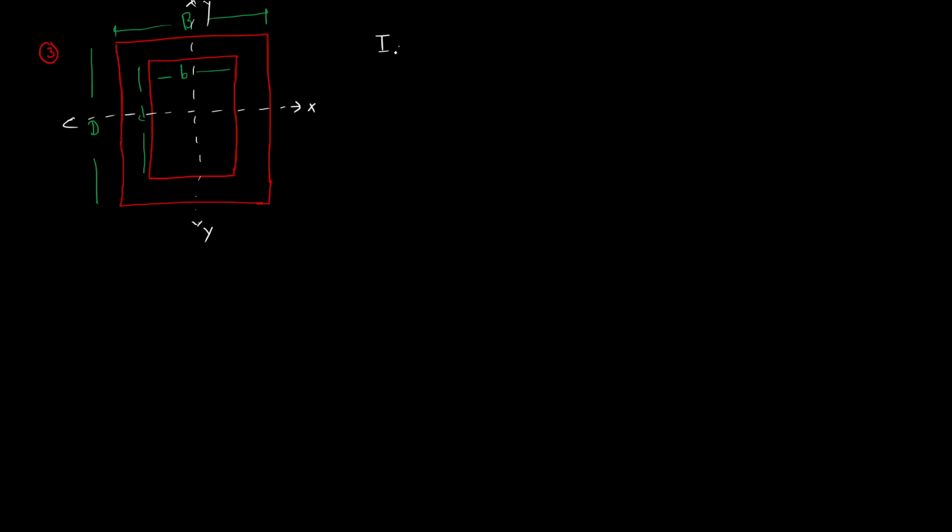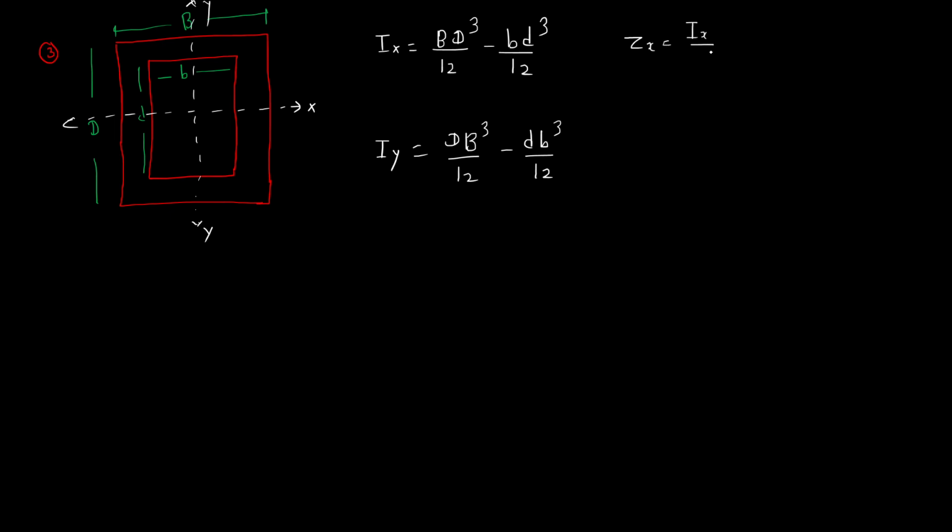In this case, Ix will be equal to capital BD cube by 12 minus small bd cube by 12. Iy will be equal to capital DB cube by 12 minus small db cube by 12. To find Zx and Zy, you can use the formula Ix by D by 2 and Zy will be Iy by B by 2. So substitute it here and you will get the answer.